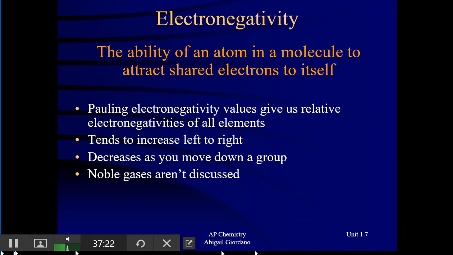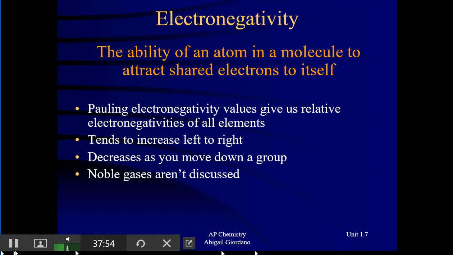Now, we don't discuss noble gases when it comes to electronegativity because noble gases typically don't bond with other elements, and electronegativity is all about electrons between two atoms, and since noble gases don't really bond, we don't talk about them. So I want you to look at your periodic table, put your hand over to cover up the noble gases. Excluding the noble gases, think about the trend.